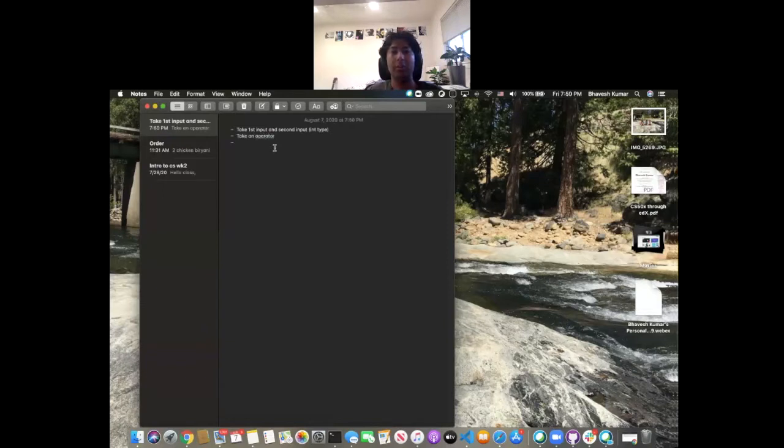Then we would go through the process and see if the operator is this plus sign over here, then we would add the two numbers. Now, if this operator were a negative symbol, then we would subtract the two numbers.